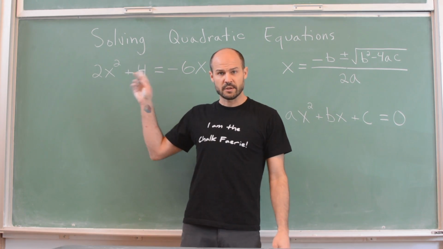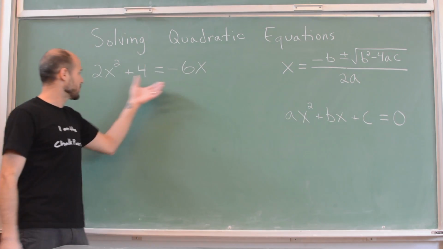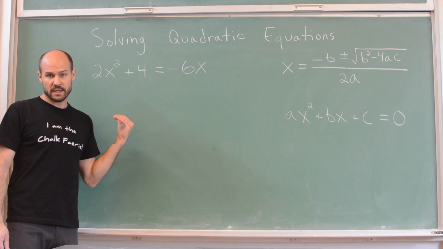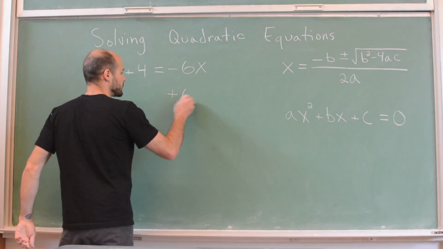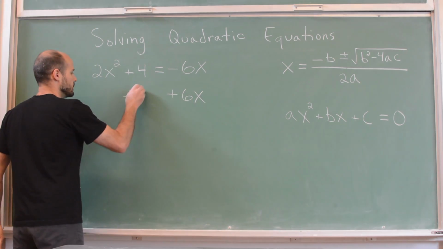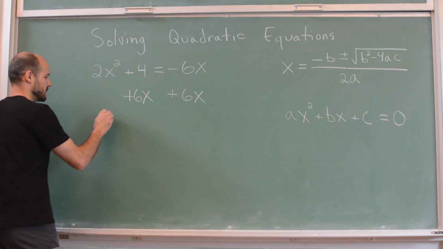So the first thing to do is recognize that it's not in order yet. This example here, we need everything over to the left. So we'll add the 6x. Organize it correctly.